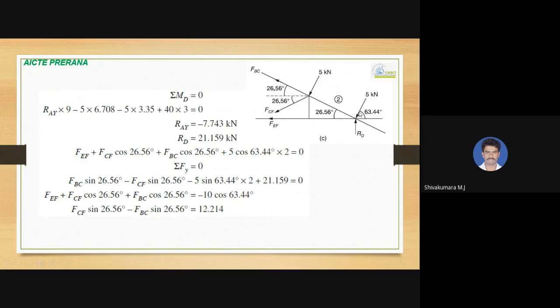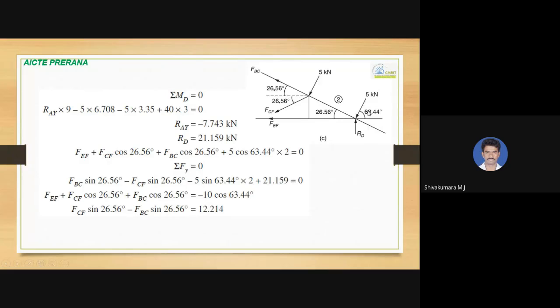And then the 5 kilonewton force is inclined at an angle of 63.44 degrees. That you need to calculate, because this 26.56 you have already calculated. So 90 minus that is 63.44.